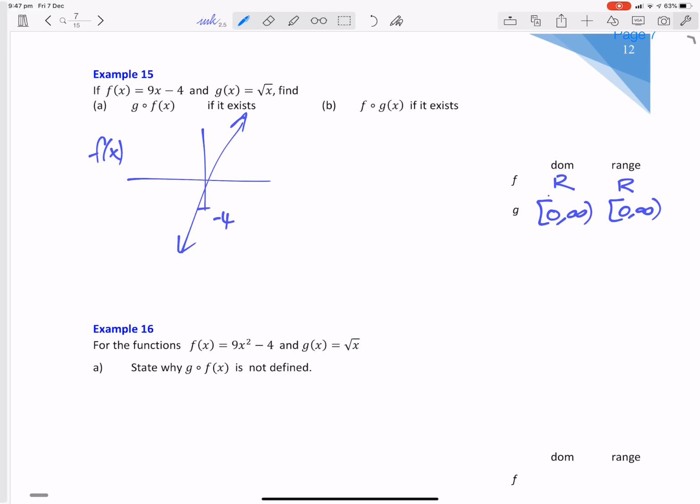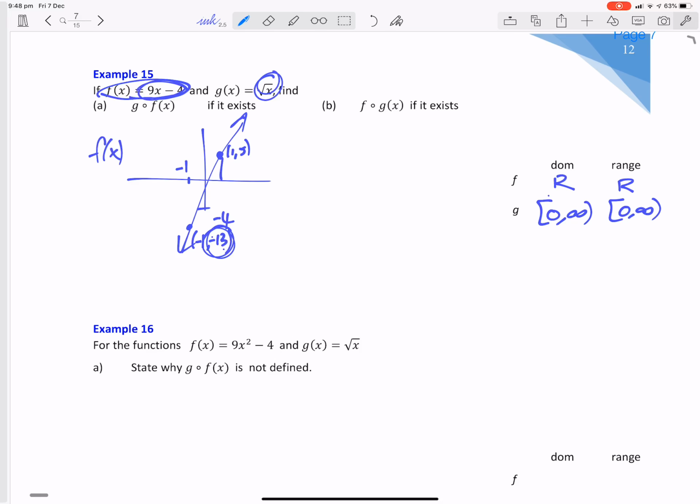Okay, this thing here, what values does it produce? Well, if x is 1, it's going to equal 5. If x is negative 1, I'm going to get negative 13. So because this range here produces values like negative 13, if I try and sub negative 13 into here, what happens?